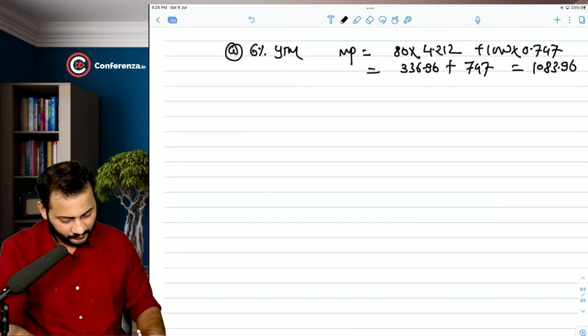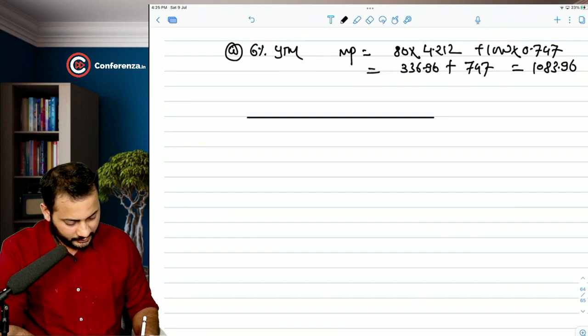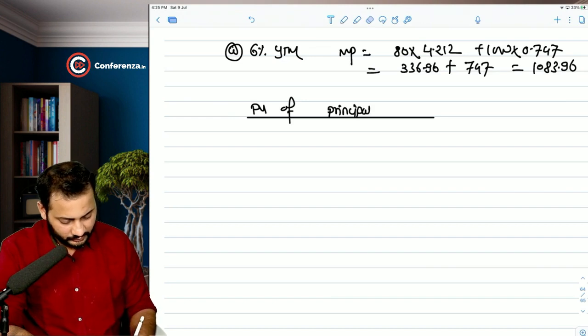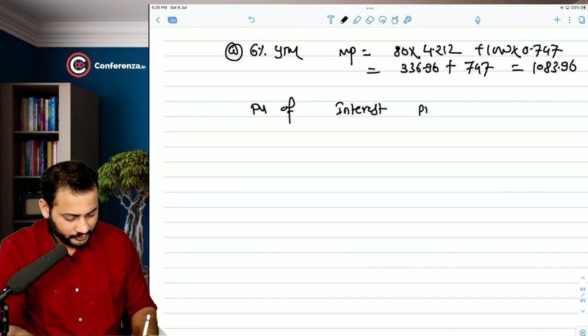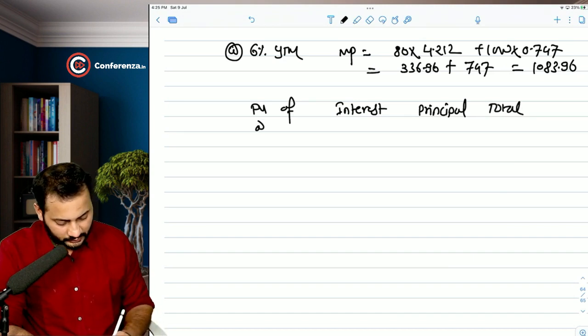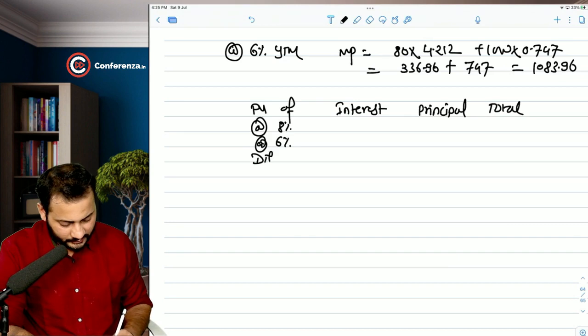Now have a look. Let's write down the present value of interest, then principal, then total at 8%, at 6%, and the difference.